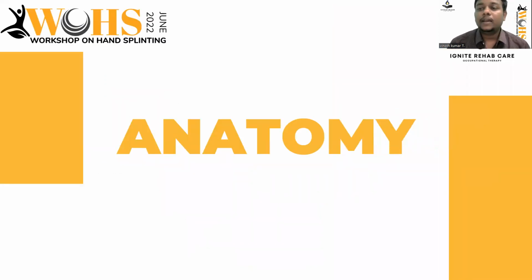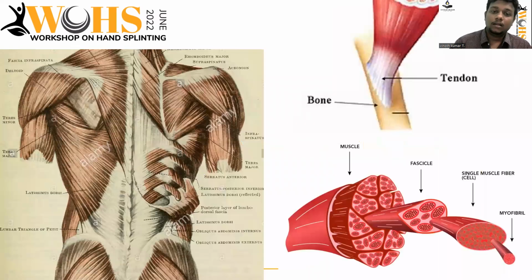Next, you should be aware of the anatomy and some of the physiological properties of the musculoskeletal system. As you all may know, there is fascia, muscles, tendons, fascicles, myofibrils, and muscle fibers.